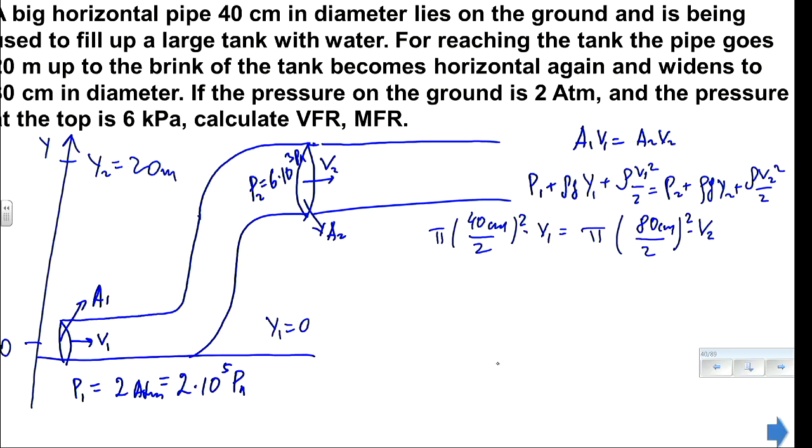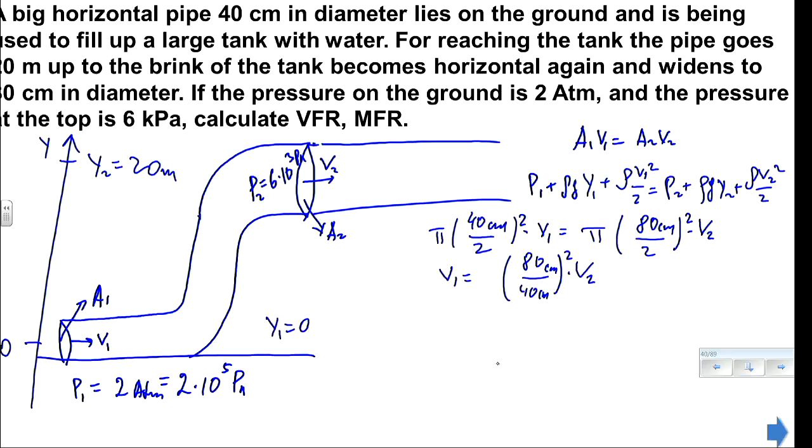Any questions? Why do I like this expression? Because again, I can cancel a lot of things immediately. For example, I can solve it for V1. It should be equal to pi and pi cancels, 2 and 2 cancels, and this is what I can combine, 80 centimeters over 40 centimeters squared times V2.